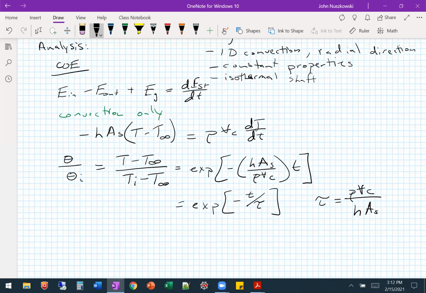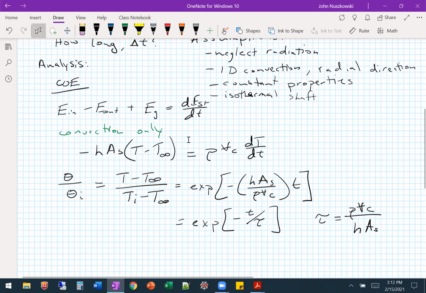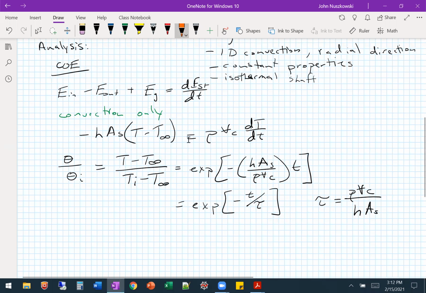All right, so if we look at this, we are trying to solve for how long. We've got to see what we were given. We were given the convection coefficient, T infinity, and T initial.